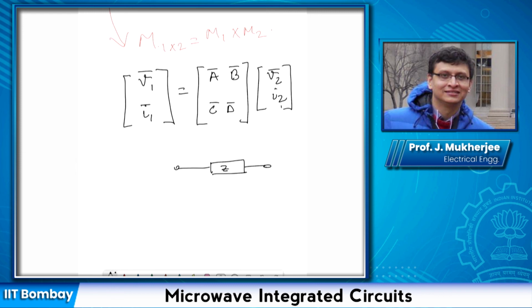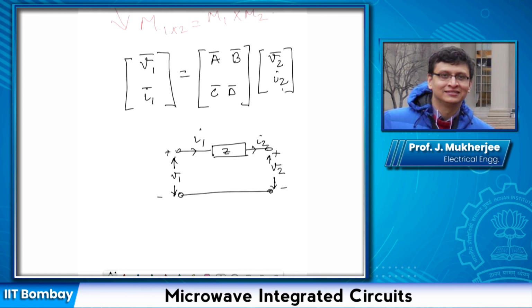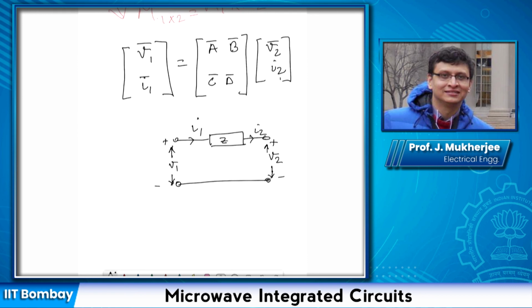So for a series impedance like this, the ABCD matrix is given like this. Please verify this.